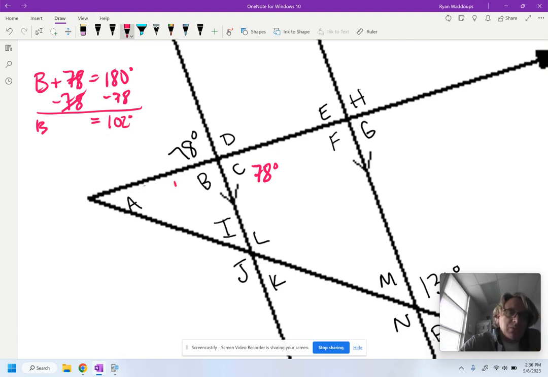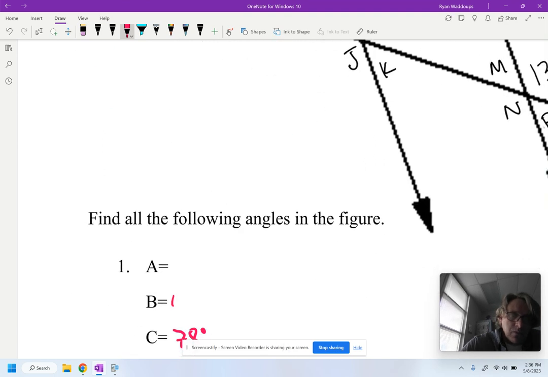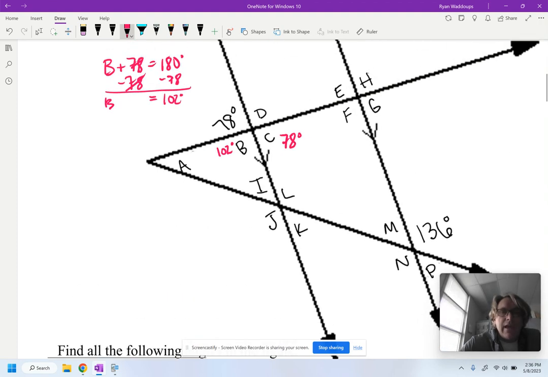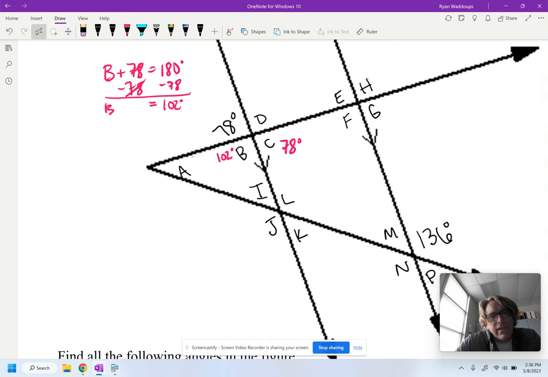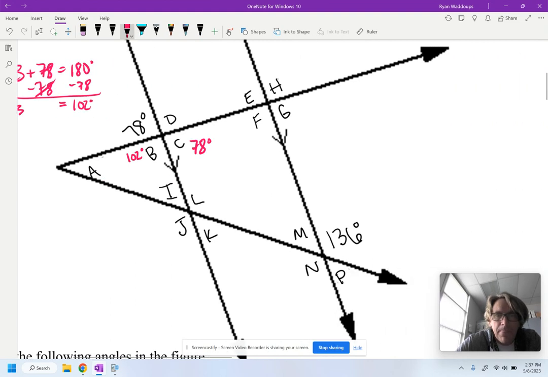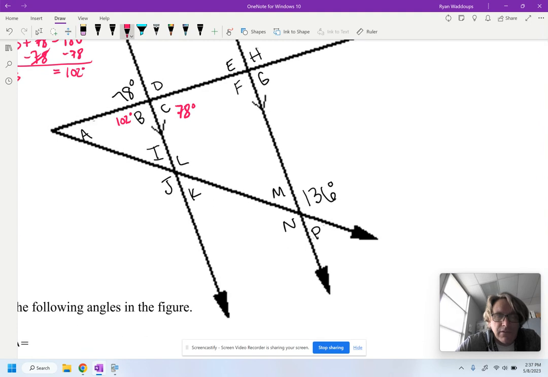So B is 102 degrees. So I can write that in here, 102 degrees. And A, I can't find A because I need two of the three angles, and I only have one. So I need to maybe come back for A after I have found something else.